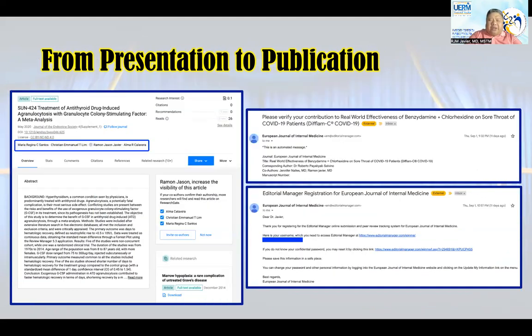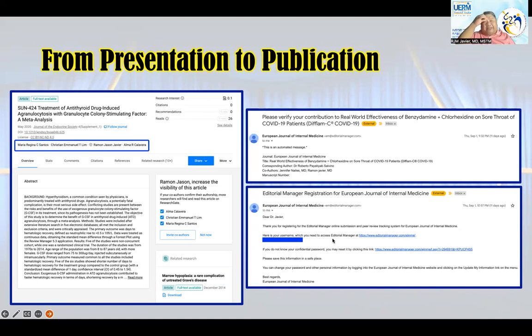Just to show you that we do walk the talk, we're not just talking of these. If you look at the roster of publications of your faculty members, in particular in the Department of Preventive and Community Medicine, you would see that most of your senior faculty members in the department have numerous publications, not just in local papers, but even in international journals, such as the Journal of the Endocrine Society or the European Journal of Internal Medicine.